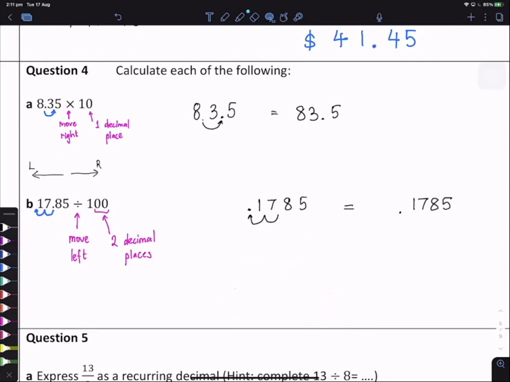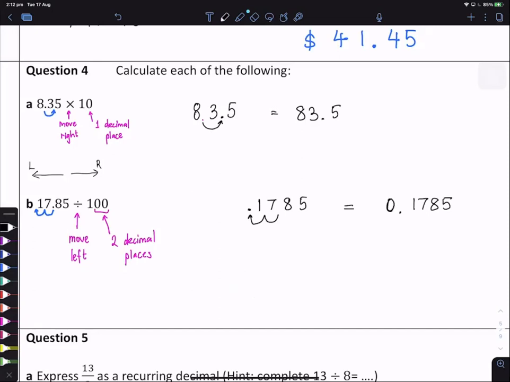Do we leave our answer as 0.1785? Are you happy with that? If so, say yes in the chat. Should we add any other numbers to it? Okay, Angelina said no. Don't you put a 0? Where do you put the 0? In front. Yep, in front of the decimal point. Yes, that's correct.